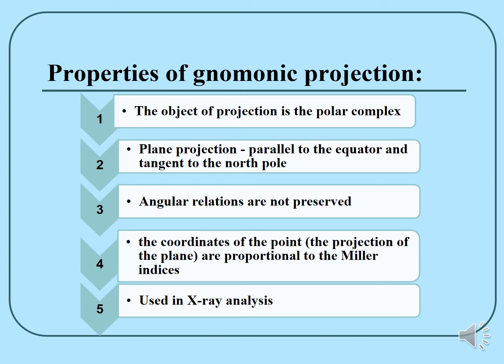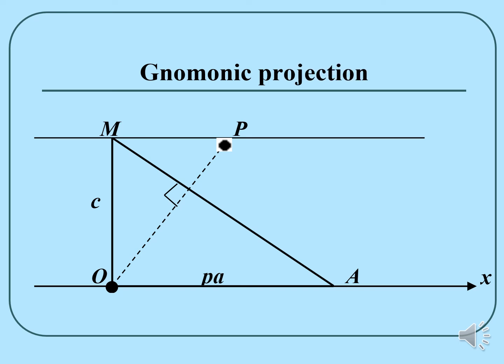It turns out the gnomonic projection is very important because the coordinates of points are directly proportional to the Miller indices. Now we can prove this with this slide. Look here, please.